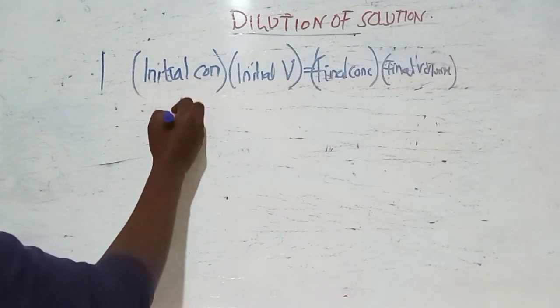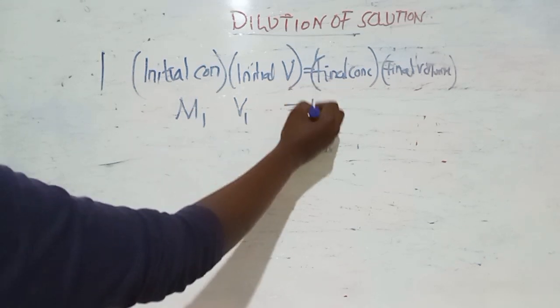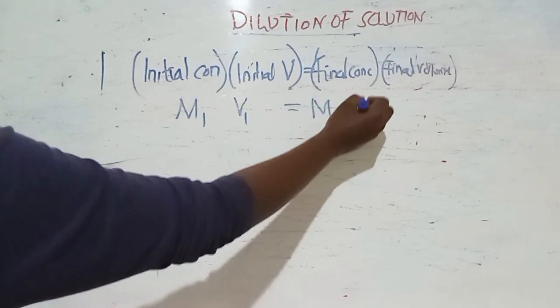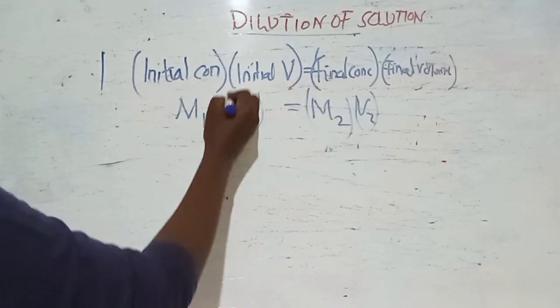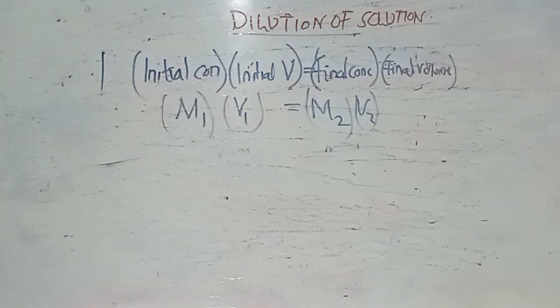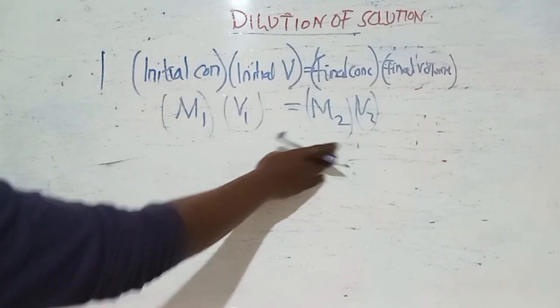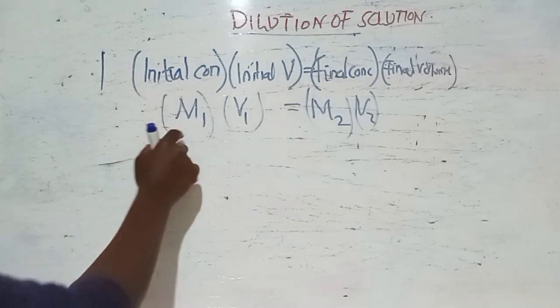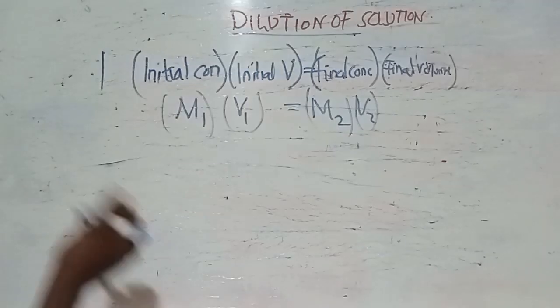So this can be abbreviated as M1 V1 is equals to M2 V2. M1 representing the initial concentration, because molarity is the expression that is used to explain the concentration or the amount of solutes in a solution. So we have M1 V1 is equals to M2 V2.